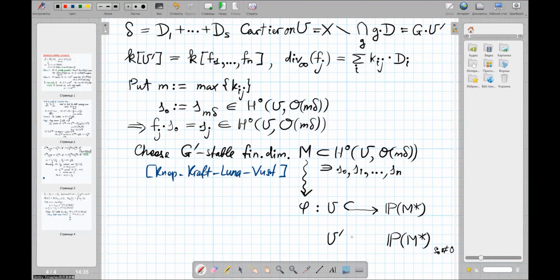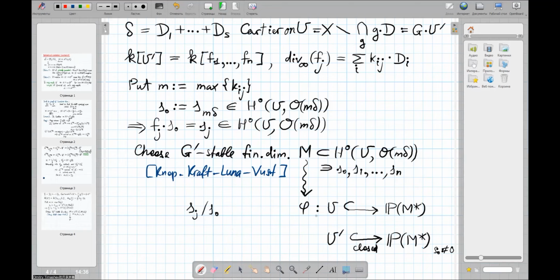This map is an embedding, even a closed embedding, because it is a map between two affine varieties, and the inverse map of coordinate algebras is surjective. The coordinate algebra of this affine chart is just spanned by ratios Sj over S naught.